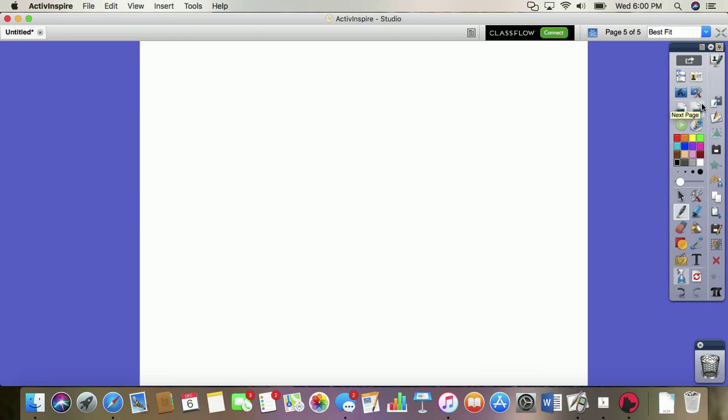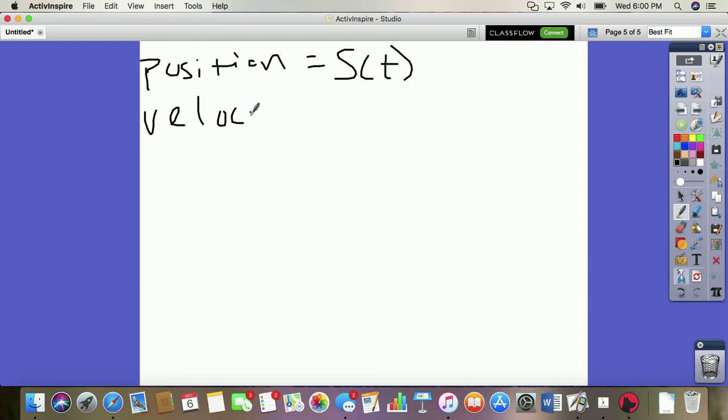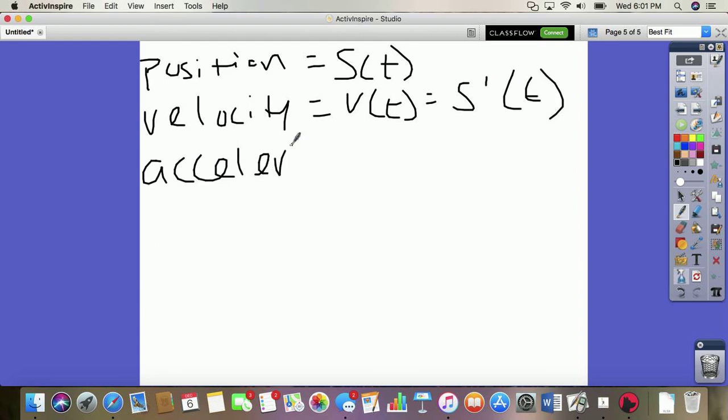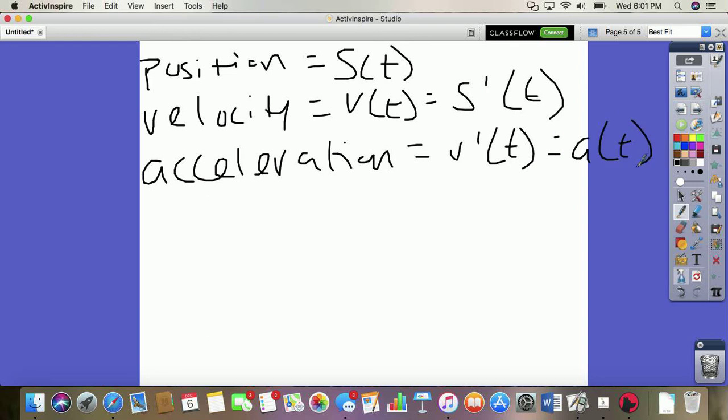The last thing I really want to talk about here is the relationship with speed. So let's review. Position is usually s of t. Velocity is v of t, which equals s prime of t. And then acceleration is v prime of t, or a of t.